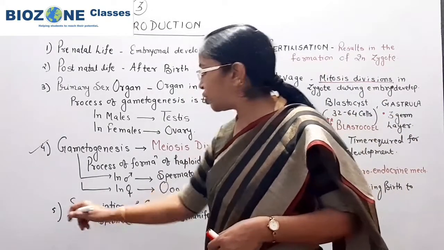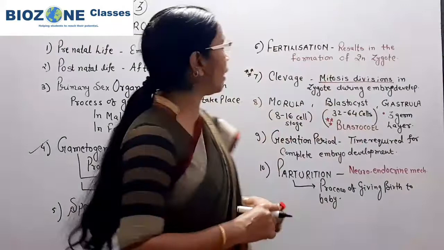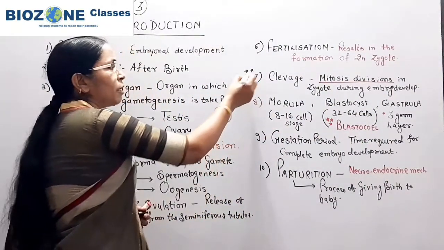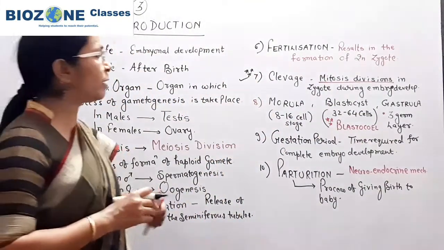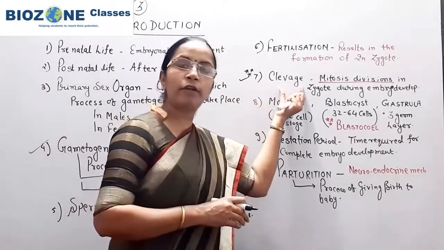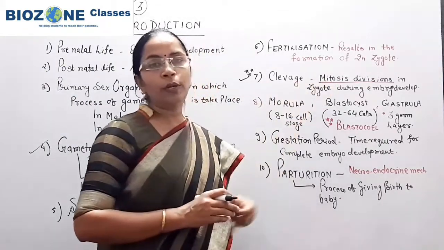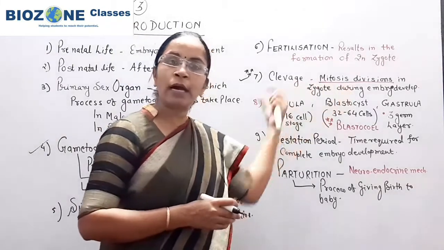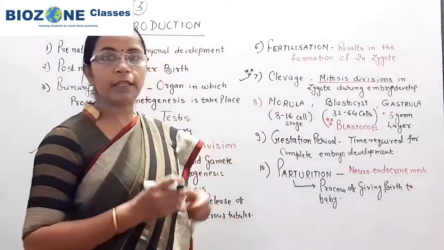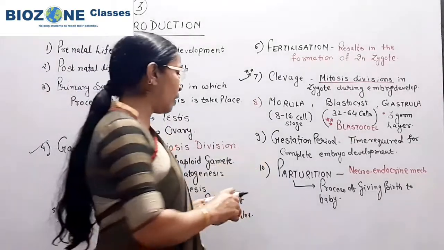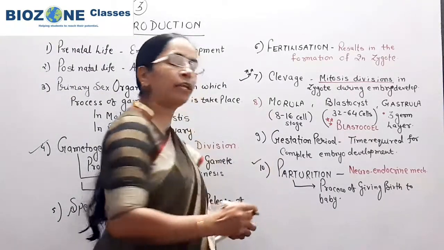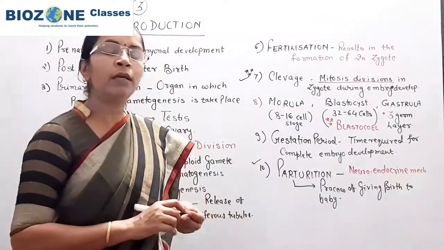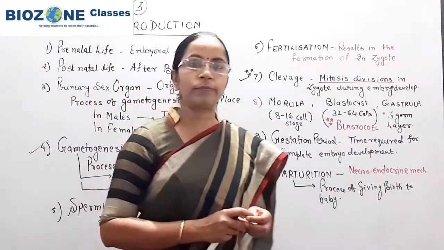Remember this definition very well. And after cleavage, it is repeatedly asked in board exams as well as NEET what kind of division takes place during cleavage. Cleavage is related with mitosis and gametogenesis is related with meiosis division. Remember these four definitions properly for your board exams.